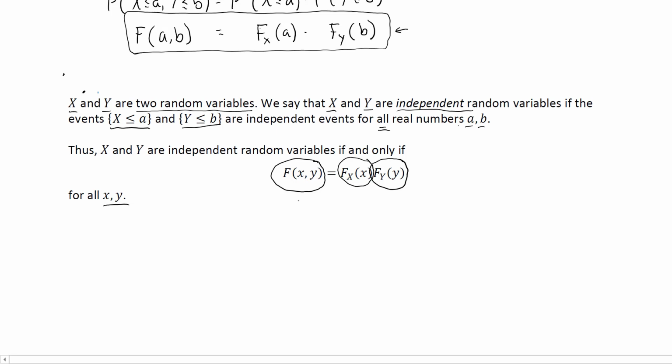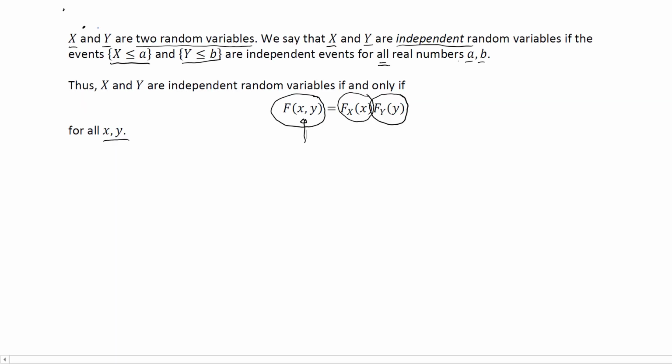If I know the joint CDF, I can calculate the marginal CDFs and then just simply check if the product of the marginal CDFs is equal to the joint CDF. However, in probability theory, we tend to work more with probability mass functions for discrete random variables and probability density functions for continuous random variables.